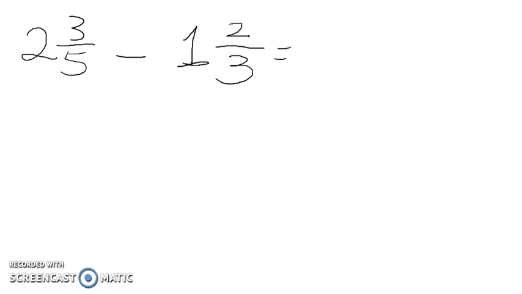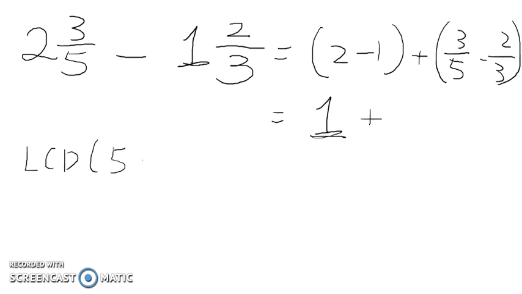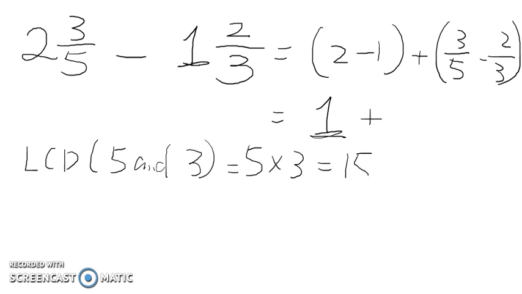Similarly, we start with 2 minus 1 and 3/5 take away 2/3. Now we all know what 2 minus 1 equals, which would be 1. But we don't know about the fraction. So what is the lowest common denominator of 5 and 3? 5 times 3, which equals 15.